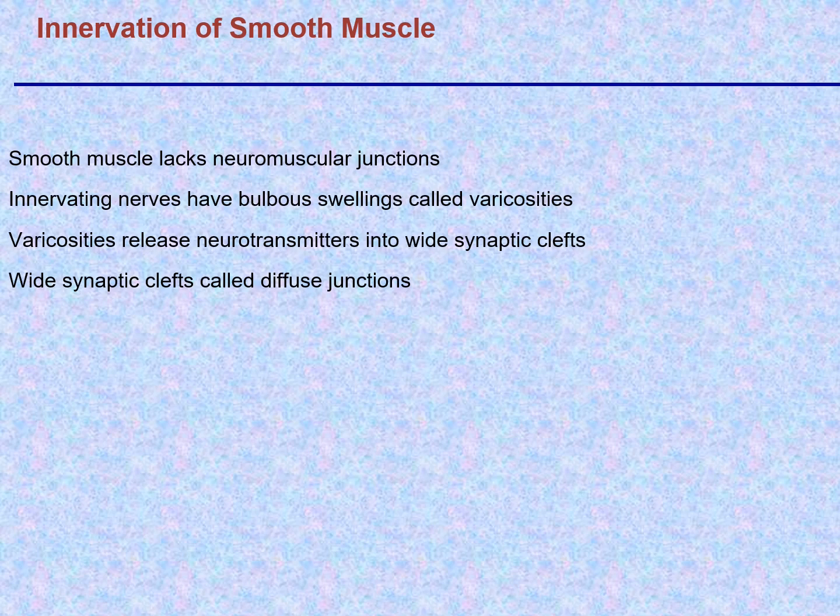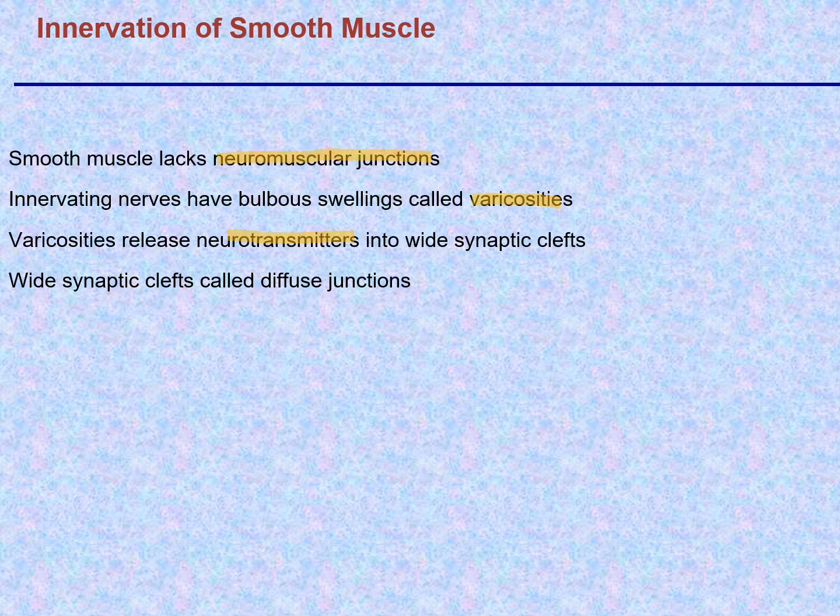You don't have neuromuscular junctions like you do with skeletal muscle. You have these swellings at the end of the nerves that are called varicosities, which actually means a swelling. And there you have release of the neurotransmitters into a fairly large synaptic cleft.